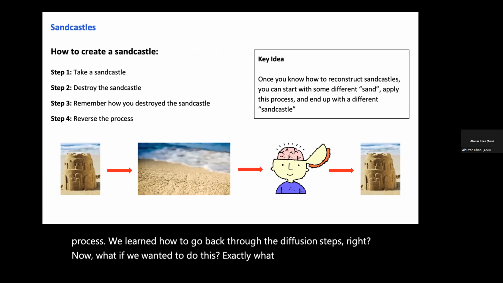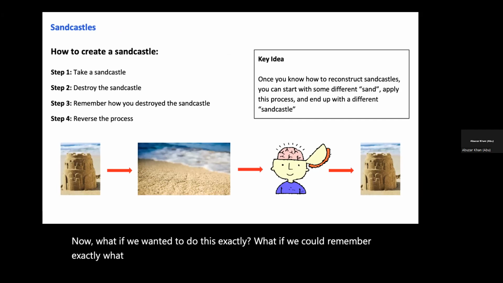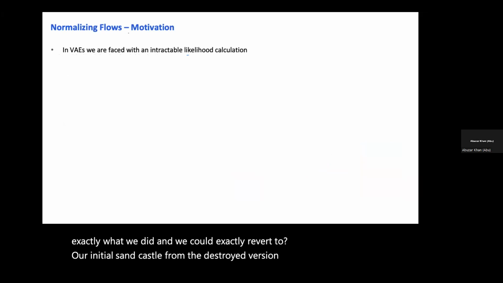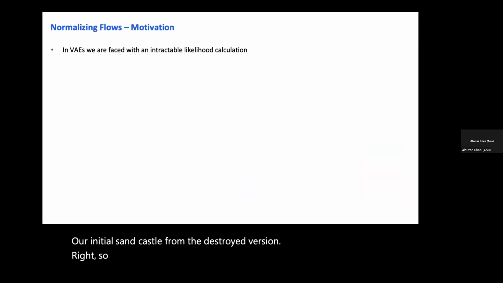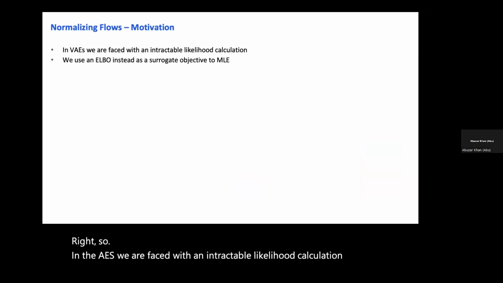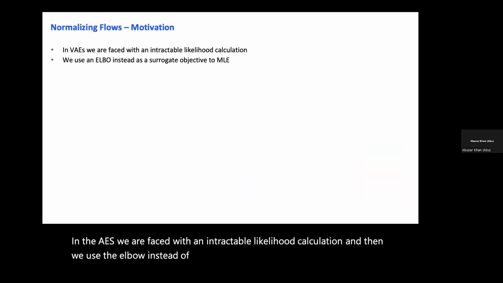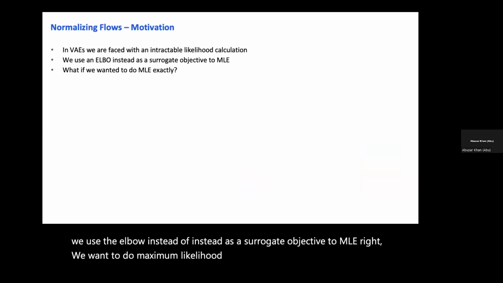What if we could remember exactly what we did and we could exactly revert to our initial sandcastle from the destroyed version, right? So in VAEs, we are faced with an intractable likelihood calculation, and then we use the ELBO instead as a surrogate objective to MLE, right? We want to do maximum likelihood estimation, but instead we try to maximize the lower bound on it.